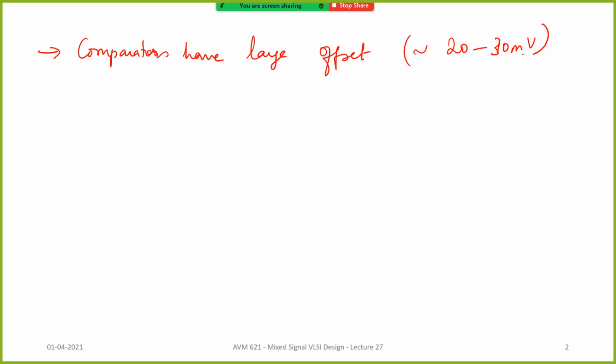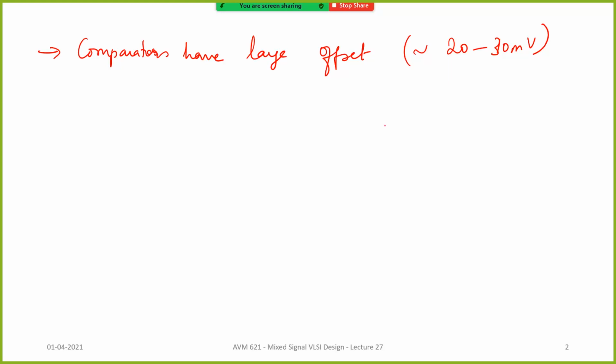Okay, now as I mentioned in one of the classes before, one of the ways to combat this offset is basically to say, okay, it's difficult to take care of this offset. But what I will do is, I will instead put a preamplifier before it.